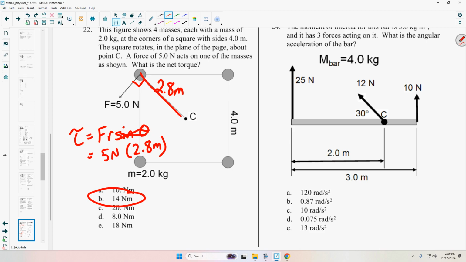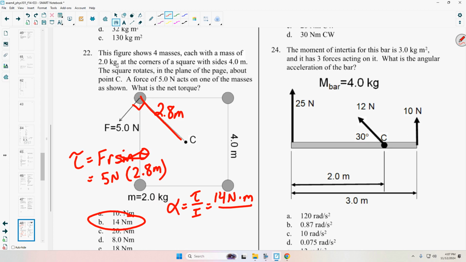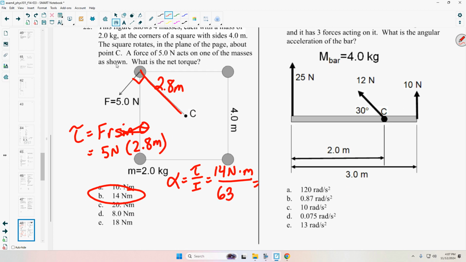I think those were the only ones they wanted me to look at. Let me double check. Yeah, 21 and 22. But there are other questions where I could go on and ask, what is the angular acceleration? In this case, it's torque over I. That would be 14 newton meters divided by the moment of inertia, which was 63, and that gives me 0.22 radians per second squared.